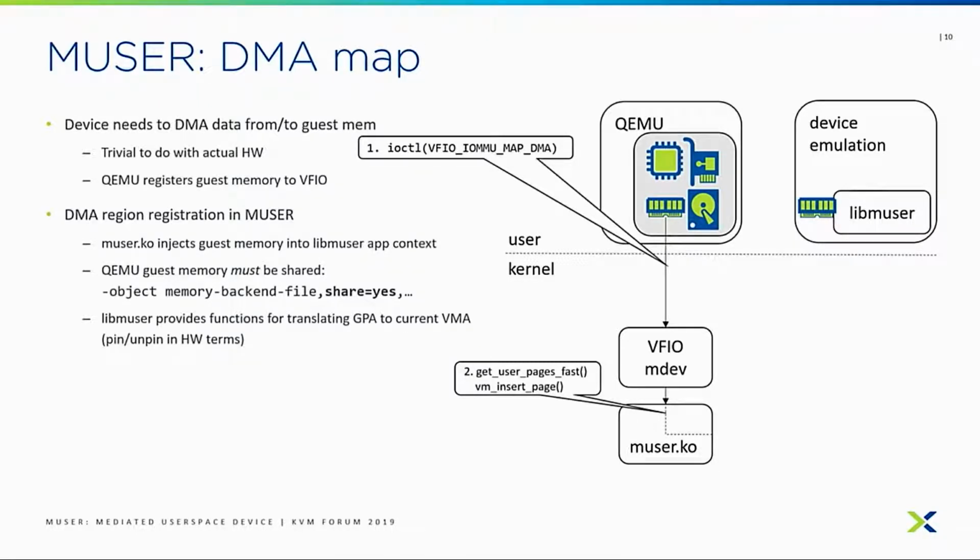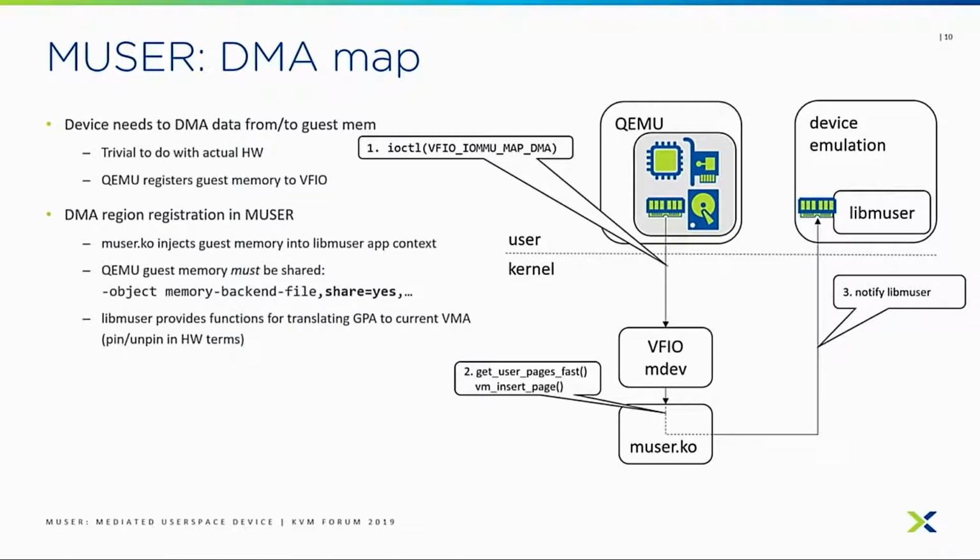Then this mapDMA command is passed to user space to libmuser. Then libmuser again calls back into muser.ko to set up the DMA memory. In order to do that, libmuser invokes the mmap system call on the muser control device. Then muser.ko inserts the device memory pages into the VMA of the device emulation. Once this is done, control goes back to QEMU.